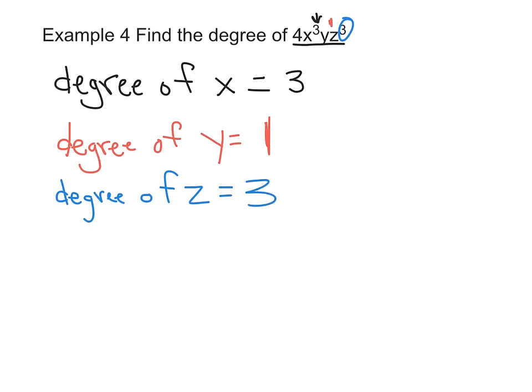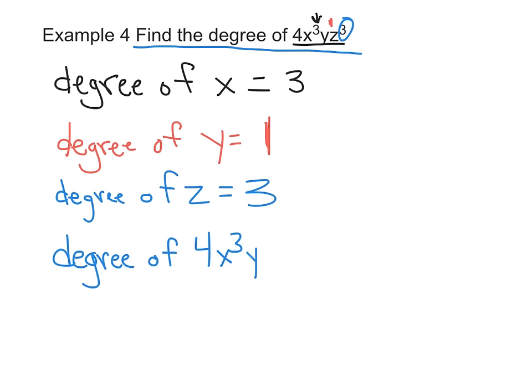Okay, so those are the degree of each variable in the problem, but the question of this problem is to find the degree of 4x cubed y z cubed. So what we do is we just add the degree of each variable.